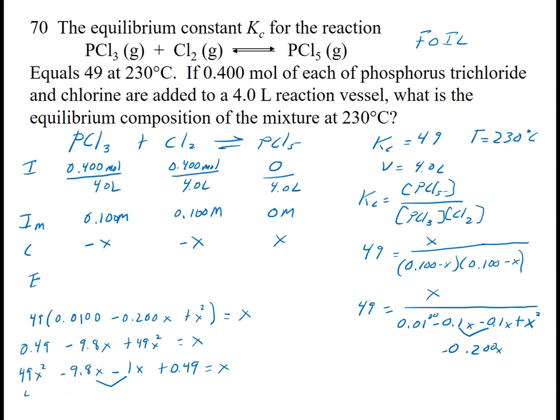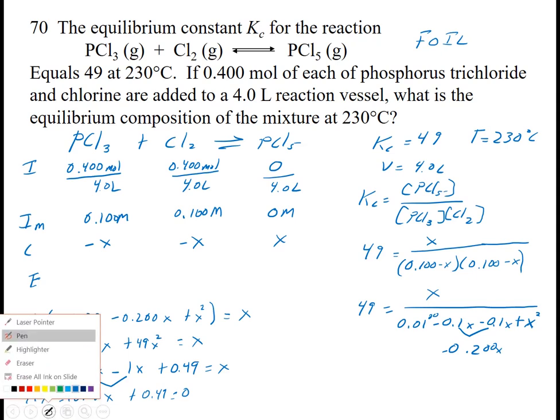So I get 49x squared minus 10.8x plus 0.49 is equal to 0. So here's my a, my b, and my c. And I'm going to change colors here.